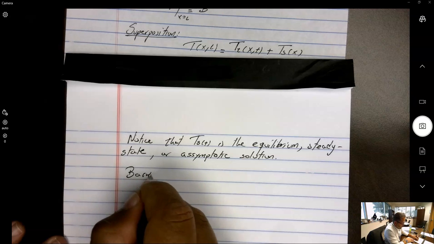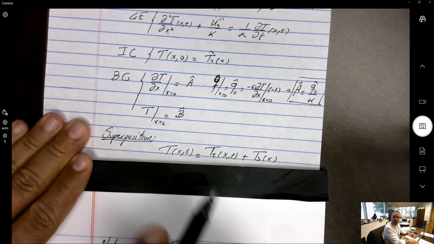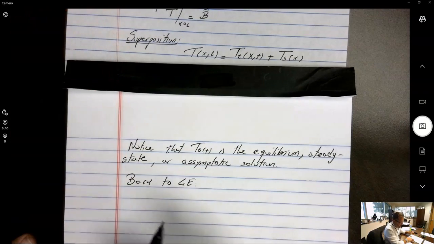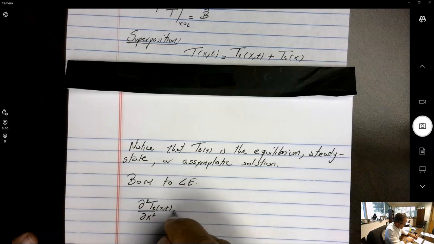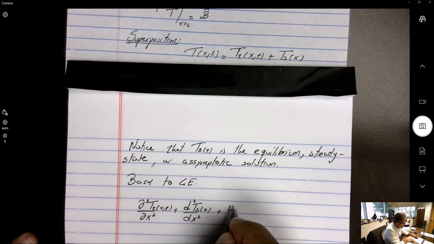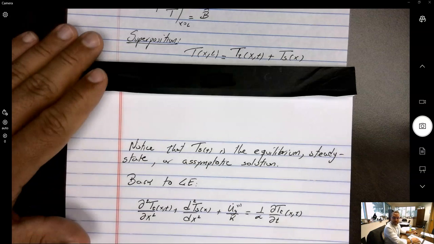So back to the governing equation, you see that when we plug this superposition in here, we'll get the following. We get the partial of Tt of x and t with respect to x squared plus the total second derivative of Ts of x with respect to x squared plus ug triple prime over k is equal to 1 over alpha partial of Tt with respect to time of x comma t.